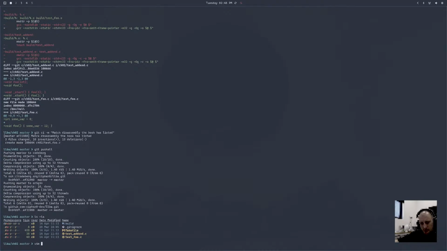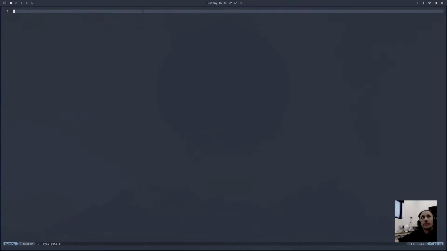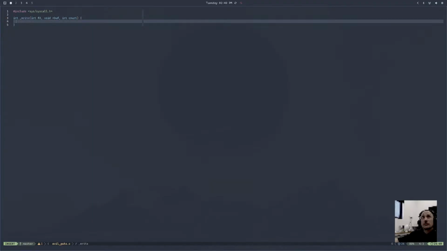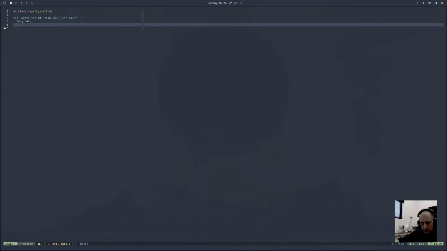So in here we'll say evil puts.c, pound include syscall.h, and then we have int underscore write, takes in an int fd, a void star buff, and an int count. And so we're going to say, hey, long ret, return -1.